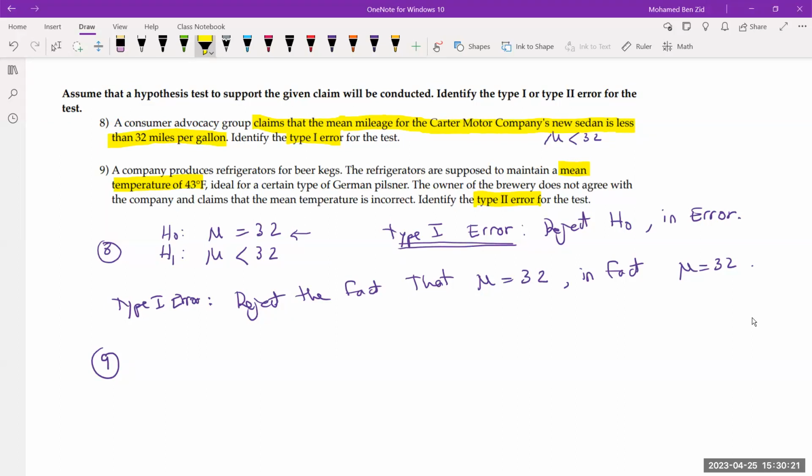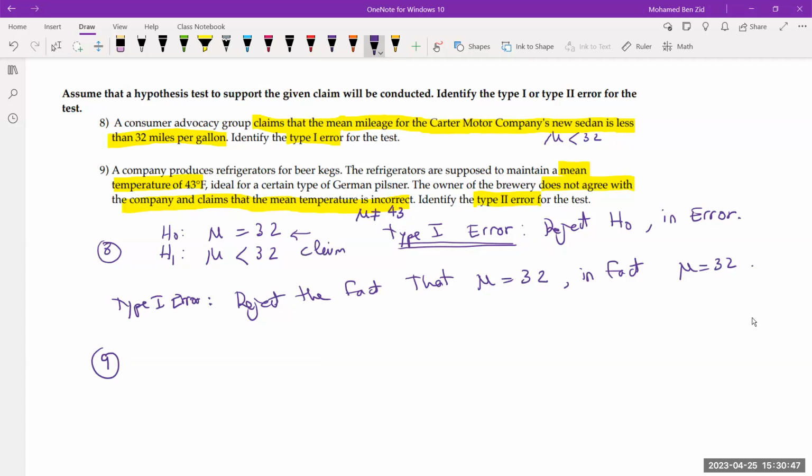Now, the claim is coming up. The owner of the brewery does not agree with the company and claims that the mean temperature is incorrect. So what is the meaning of that claim? The mean is different than 43. That's the claim.